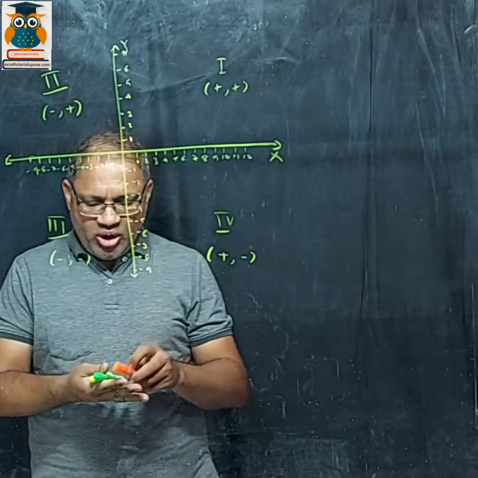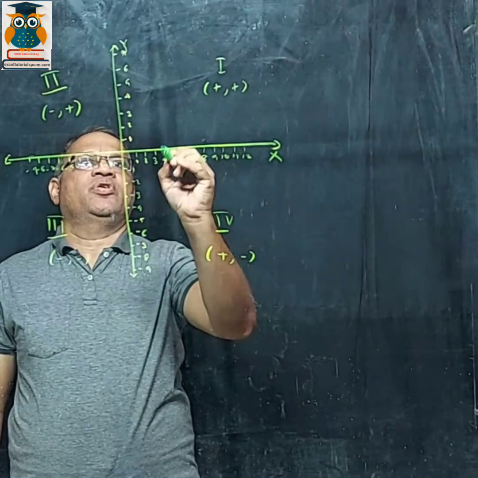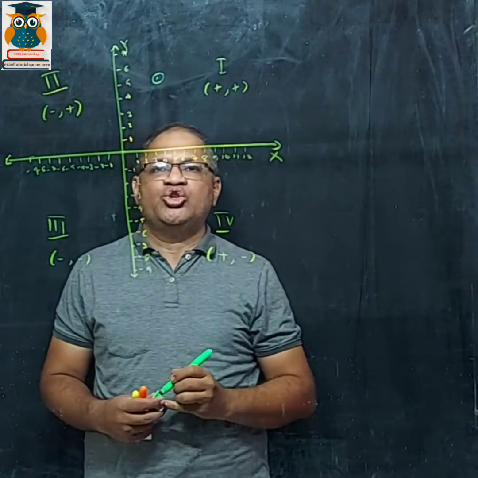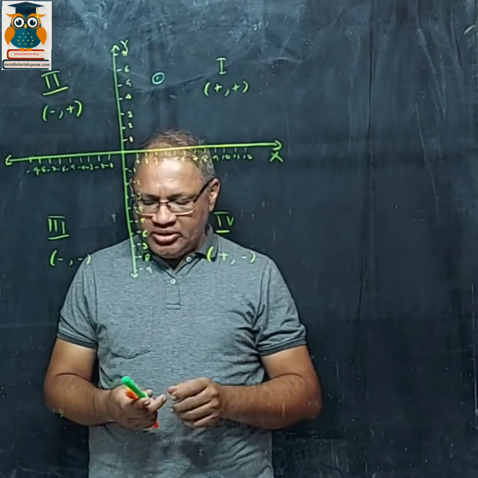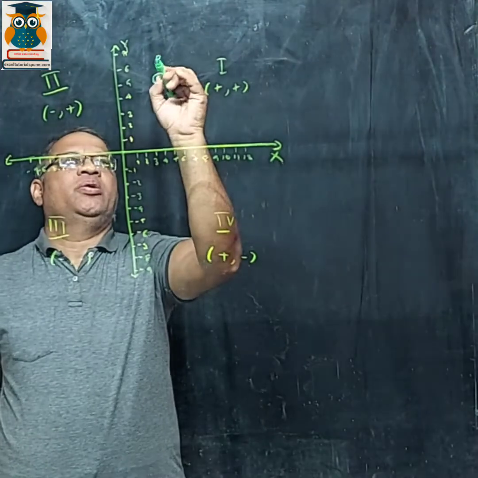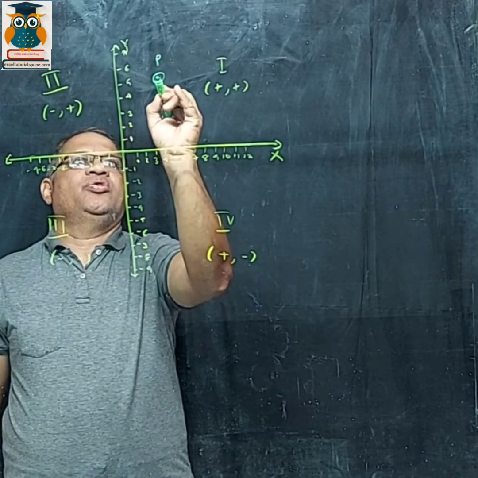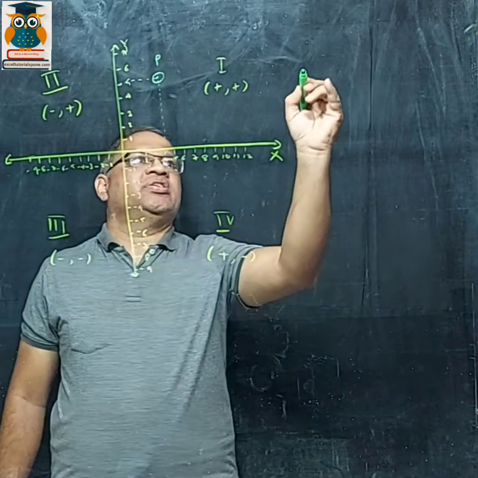Now supposing you have a point, like for example this. How do you find out the coordinates of this point? Supposing we name it as point P. You draw dotted lines like that, and you take the x first.